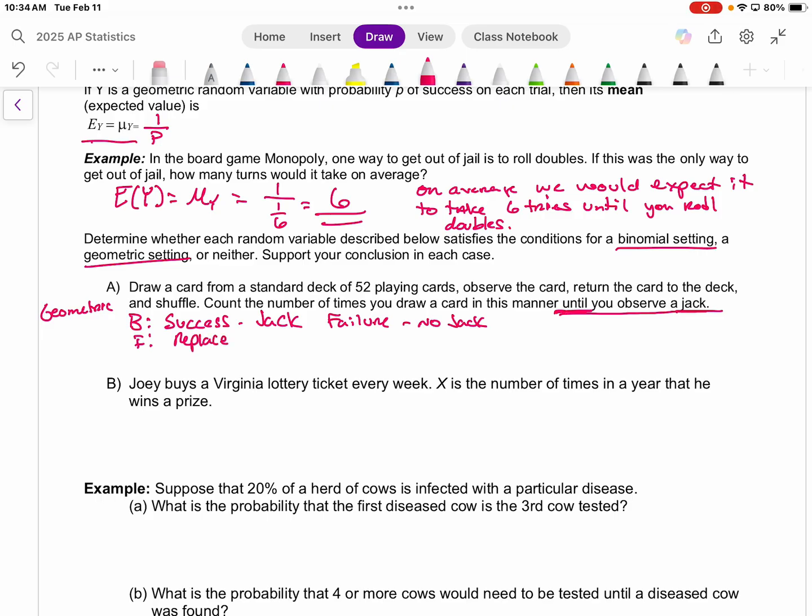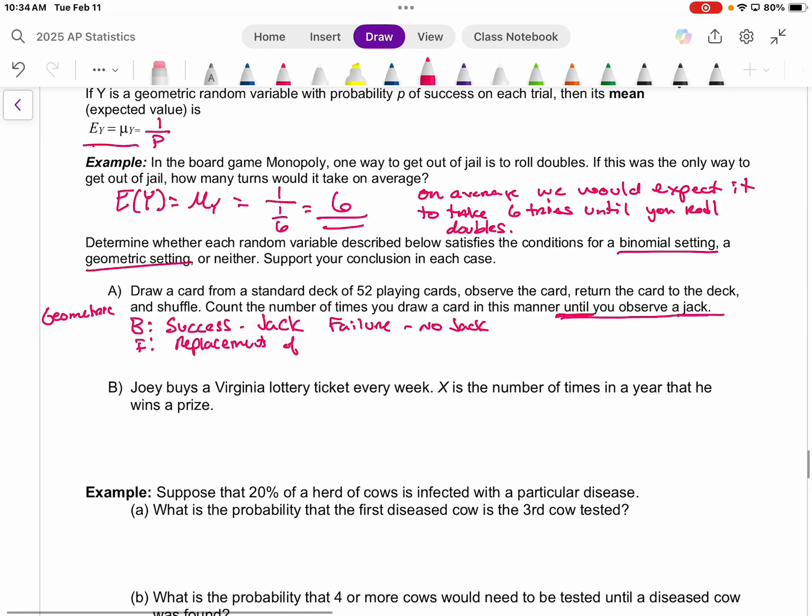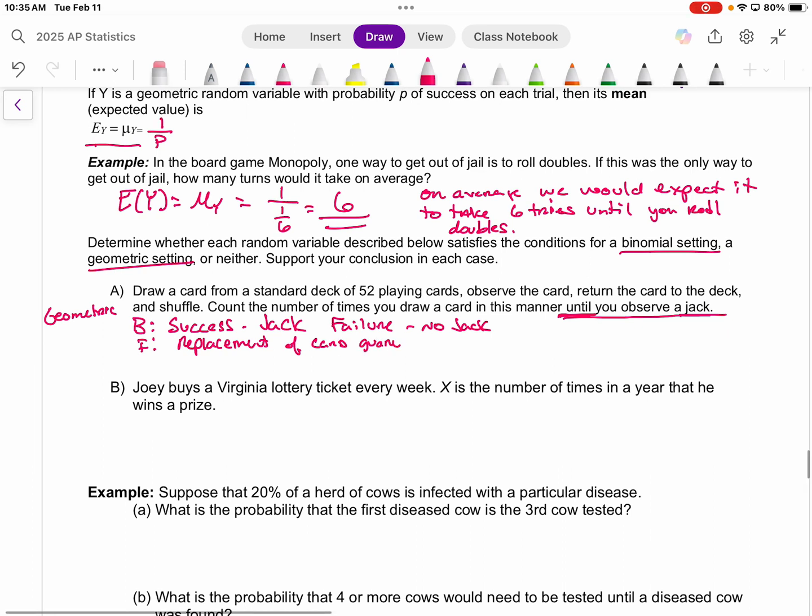Replacement of card guarantees independence, or assures independence, whatever word you want to use there.